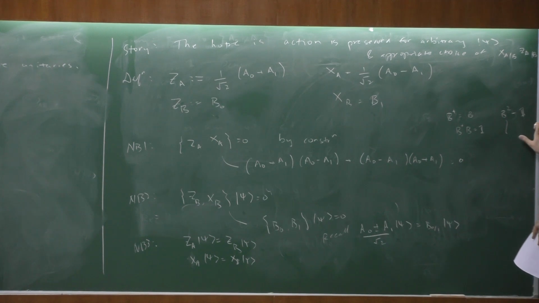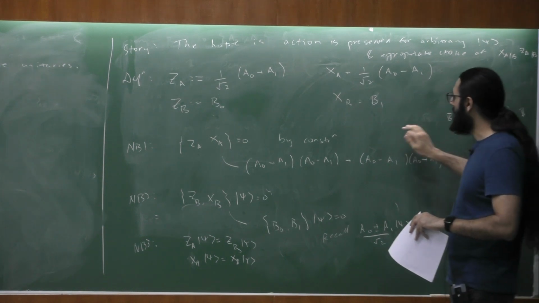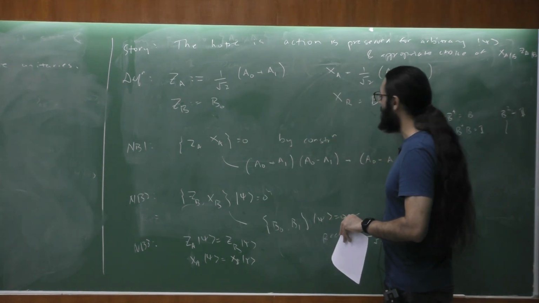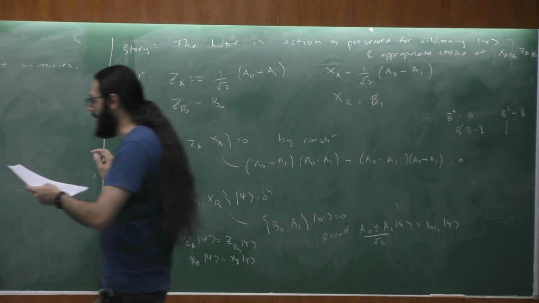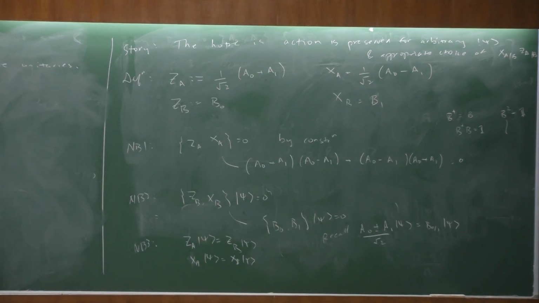So we established this part. But now if you have some combination, it's not clear whether this would be the case. And actually in general it's not the case that they are unitaries. So ZA and XA may not be unitary.